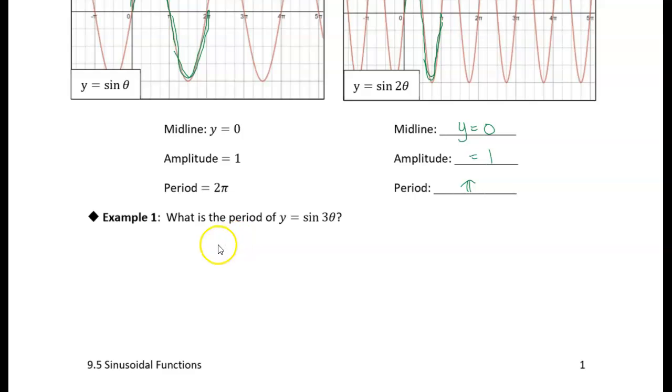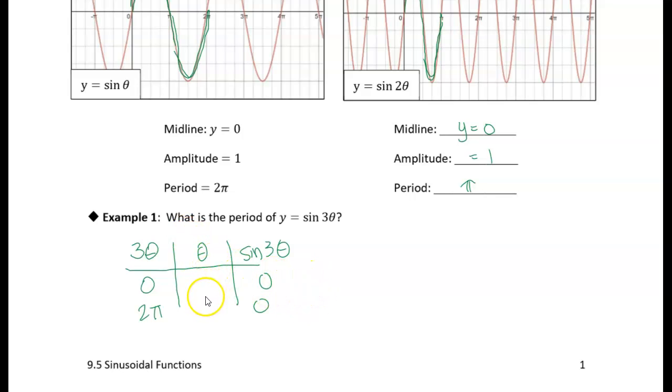All right. So I want to know what's the period of y equals sine of 3 theta. All right. So again, the input to sine is 3 theta. Okay, think of that as the input to sine. And so this is sine of 3 theta. So I know when the input to sine is 0, I get 0. When the input to sine is 2 pi, I get 0 again. Okay, that's one cycle. Okay, so let's see what amount of theta it takes, right? So when theta is 0, 3 theta is also 0.